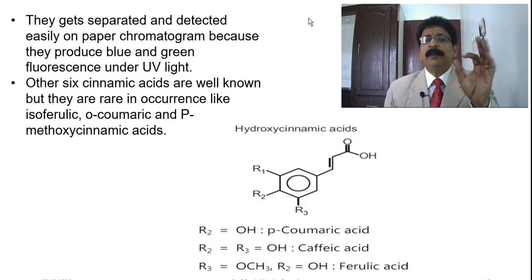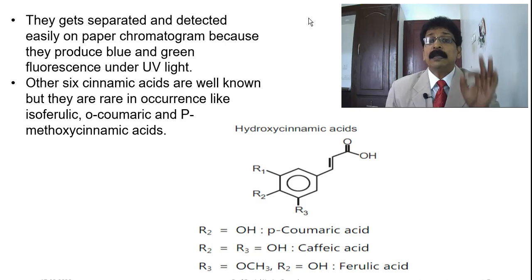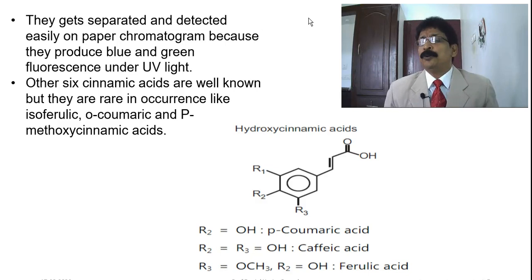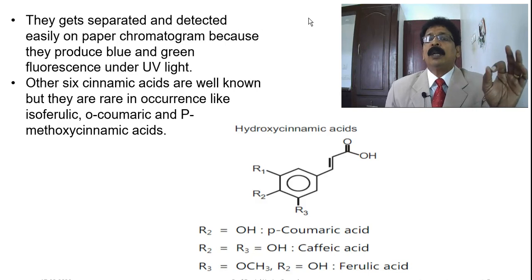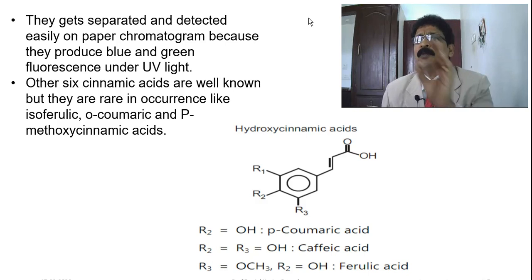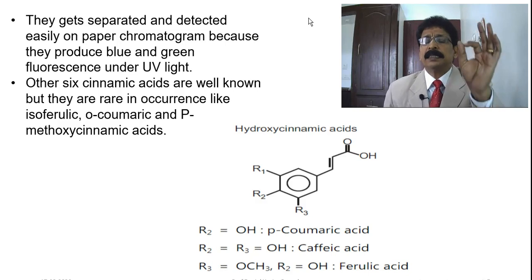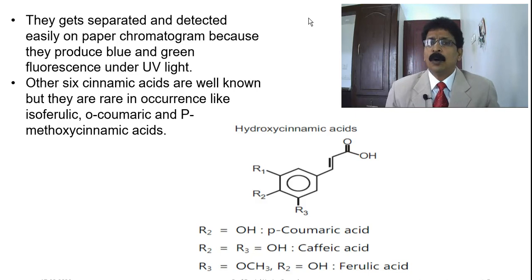All of this can be derived from a simple structure. If a student knows the hydroxycinnamic acid structure, it is necessary to know the simple structure of cinnamic acid and remember what I said. It is very easy. Benzoic acid means benzene with COOH. Cinnamic acid means benzene, that is C6H5, CH double bond CH COOH. Only CH double bond CH you have to remember.